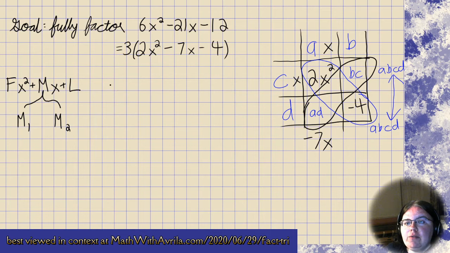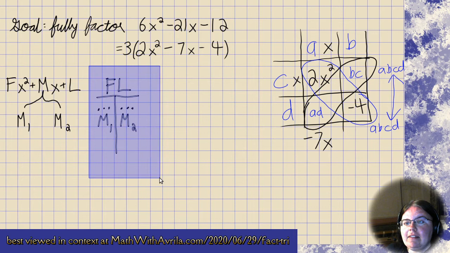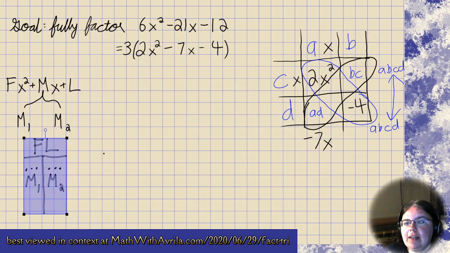If we have our first times last and make an ordered list of factor pairs, middle 1 and middle 2 have to be in there somewhere. And that is what we're going to use as the key insight that will let us factor this.